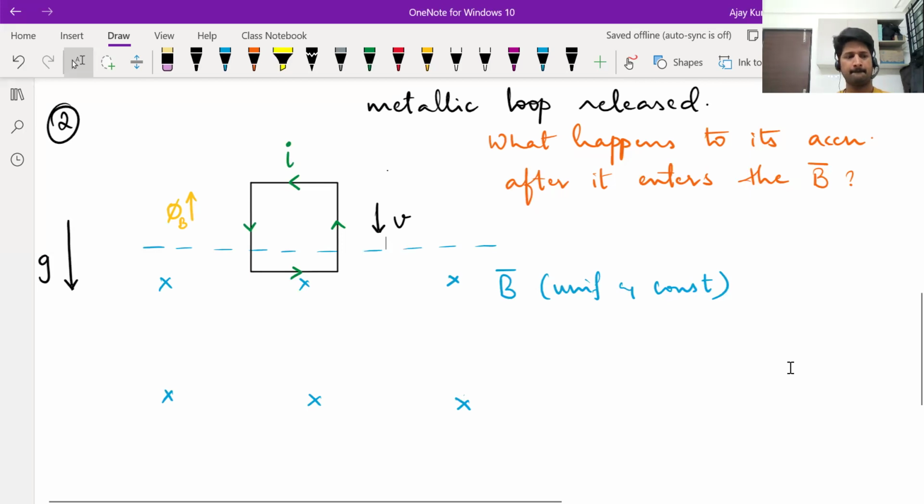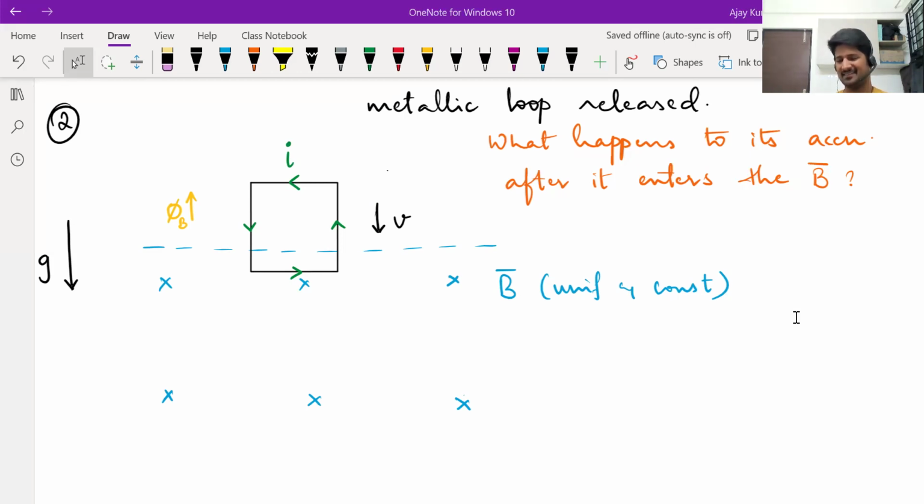Sir, can I give my answer? Continue. Sir, magnetic force on a closed current carrying loop will be zero. If the magnetic field is uniform and it's a closed loop, the force has to be zero. So the acceleration will be g.